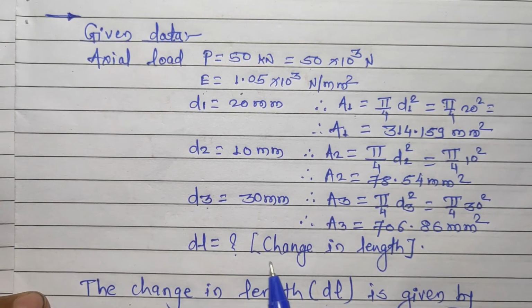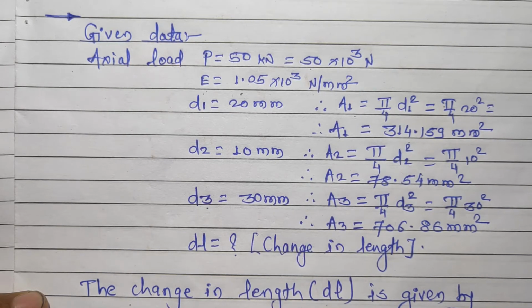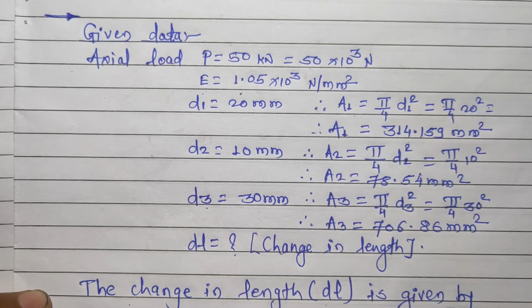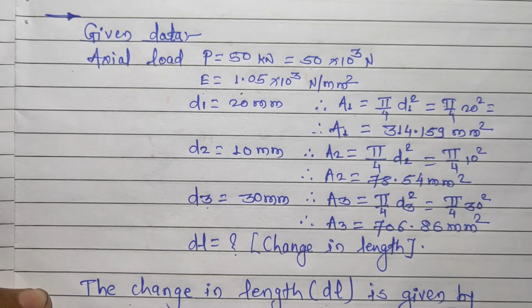And it is asked to calculate the change in length due to application of force 50 kN. So our target is to calculate the final change in length due to application of this 50 kN load. As the 50 kN load is applied all over the area, we can take each section separately and calculate the deflection or change in length due to the 50 kN load in that section, and we can add all the deflections at the end so that we can get the total change in length, which is our target.